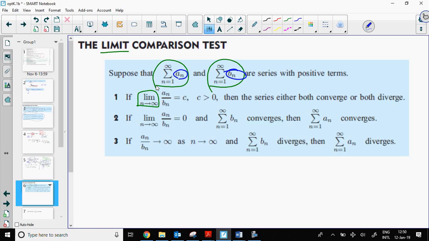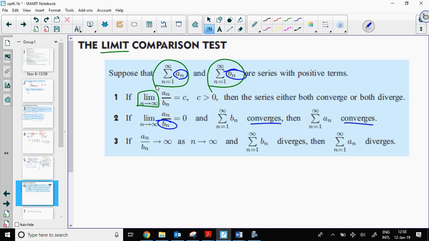The limit might be 0. And the limit is going to be 0 if this particular series is bigger than the one in the numerator. So if that's true, and b sub n converges, then a sub n is also going to converge. And think about the comparison test for a second.